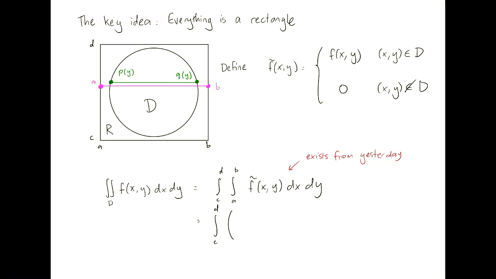Of the integral from p of y to q of y of f of xy dx dy. So our iterated integral has changed, and this will work. This little last trick is just something we can do using single variable arguments. Our integrand is 0 outside of this.